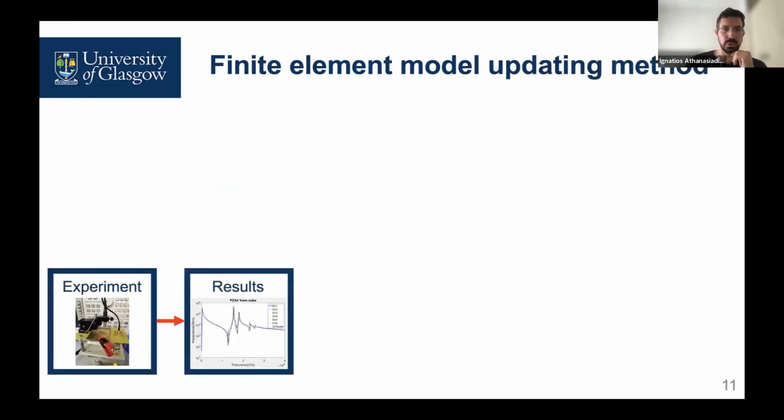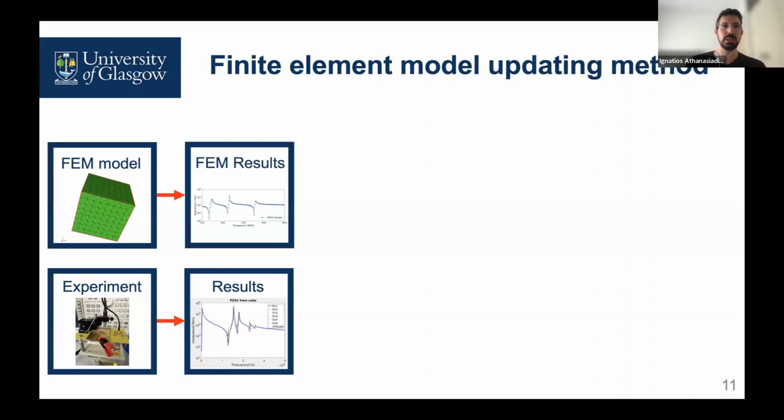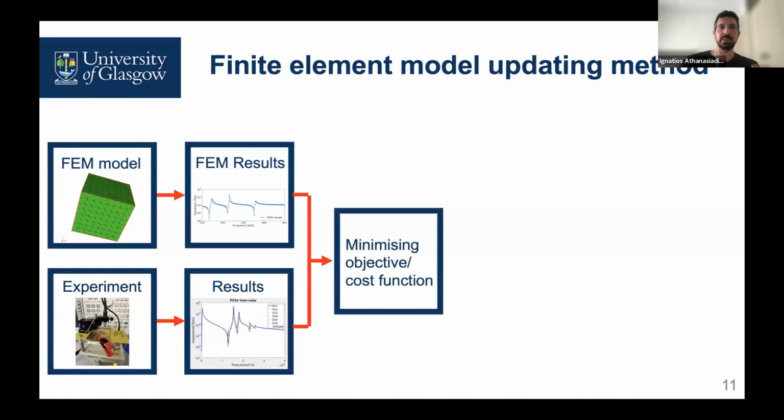So in order to do the optimization, the pipeline that we have in mind is that once we have the experiment and its results, we set up a similar situation for the finite element model. We perform the analysis in time. We evaluate the impedance diagram, and then we compare them. And depending on how we choose to compare these two things, we get an objective function, or rather a cost function. And then we have to check whether this converges or not.